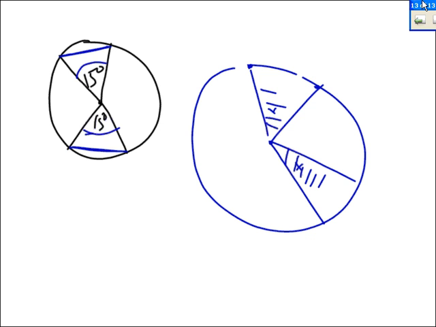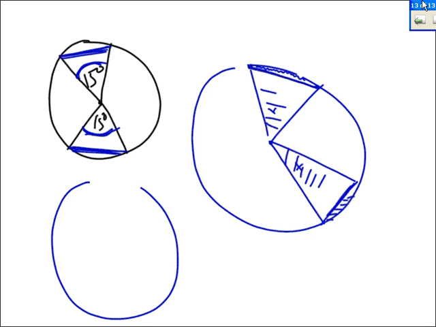And if for whatever reason you cut off this piece here, well, this length and this length, they're going to be the same. Okay? If the central angles are the same on one circle or two congruent circles, then their corresponding chords are the same. And it works the other way.